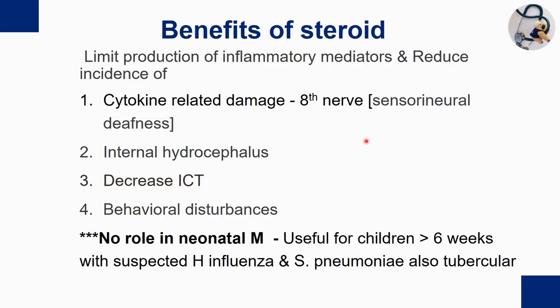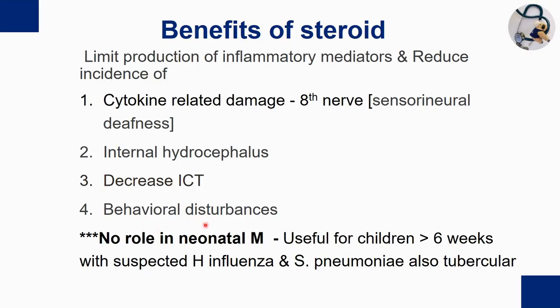The benefit of steroid is that it limits the production of inflammatory mediators and reduces the incidence of cytokine related damage, mainly the 8th nerve damage, which leads to sensorineural hearing loss. Internal hydrocephalus is prevented, intracranial tension is decreased, and behavioral disorders, which are a sequela of meningitis, are also decreased by giving steroid.